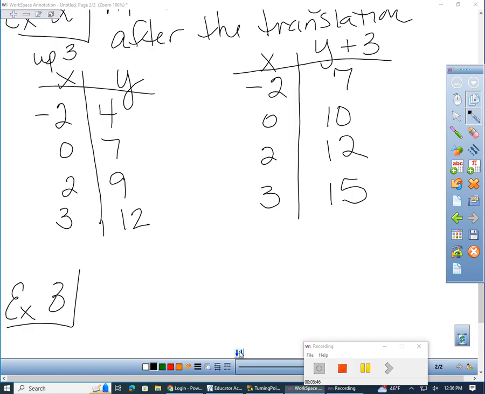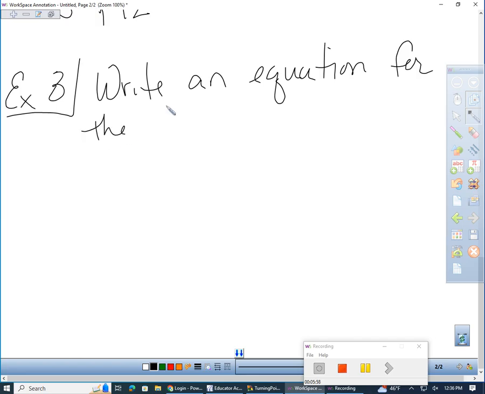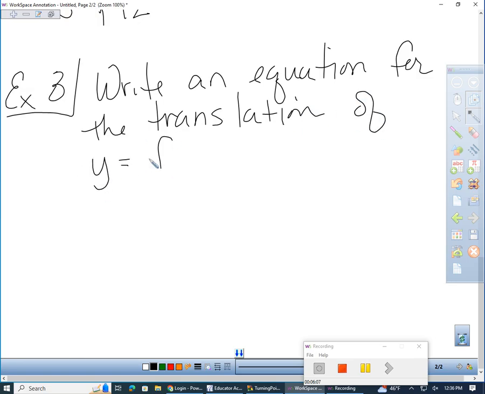Write an equation for the translation of y equals f of x. So it's going to give you that in the directions, and then it's simply going to say 2/5 units down.